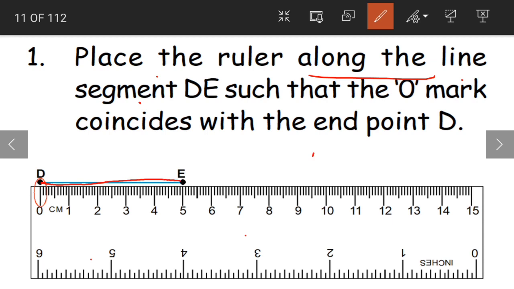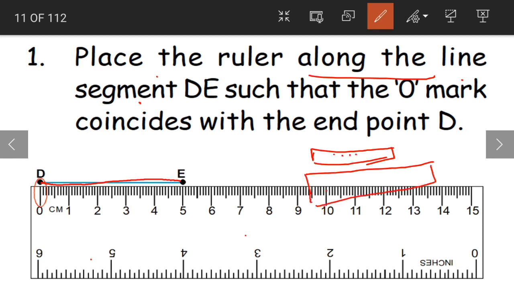If you recall the steps for measuring the length of an object using a scale, what did we do, children? We'll have an object and we'll place the object along the ruler. Yes or no?